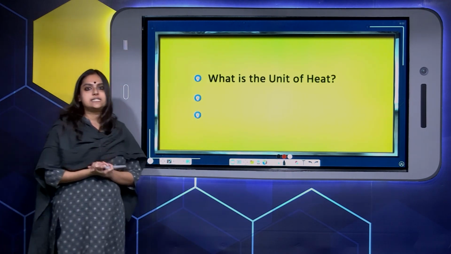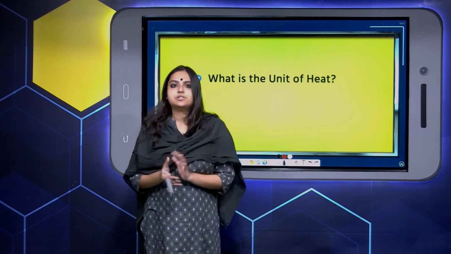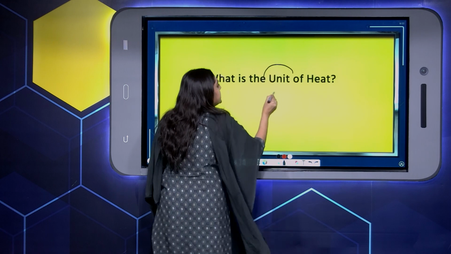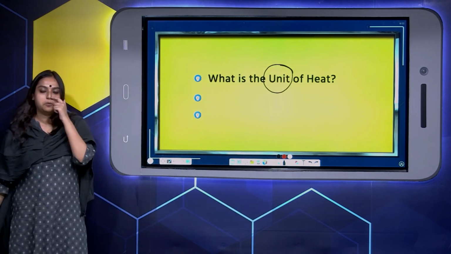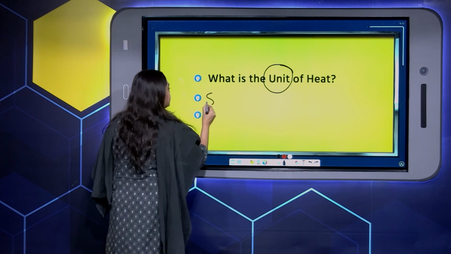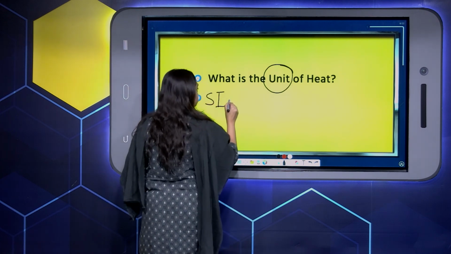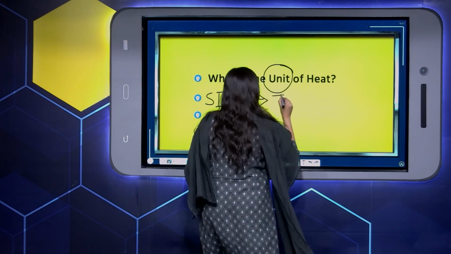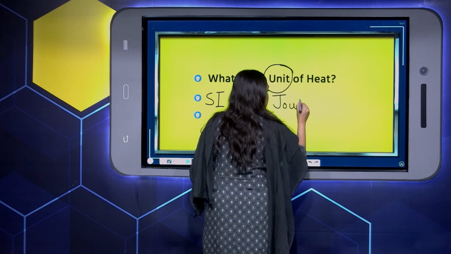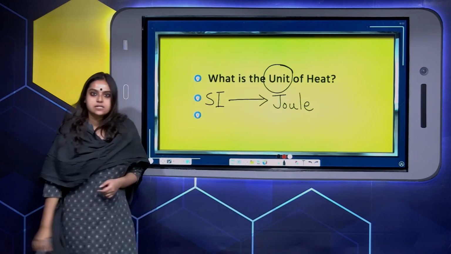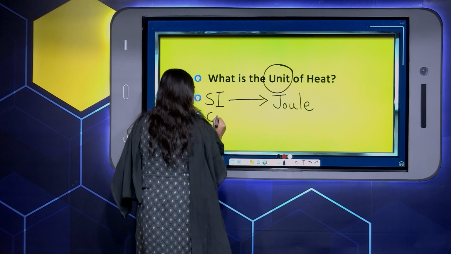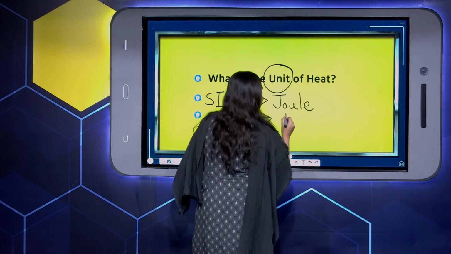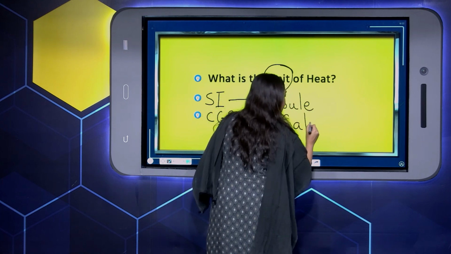Now, we have learned what is heat and what are the characteristics of heat. Now, we need to know what is the unit of heat, right? In SI system, the unit of heat is joule, and in CGS system, the unit of heat is calorie.